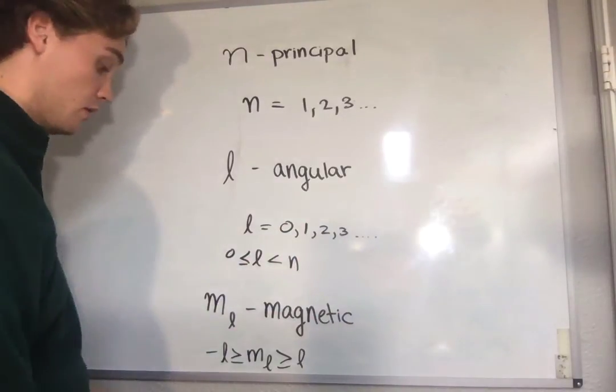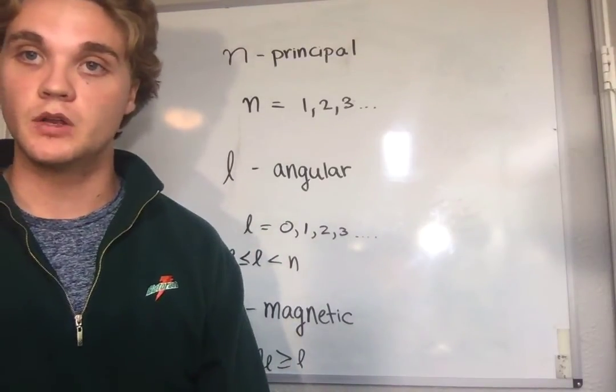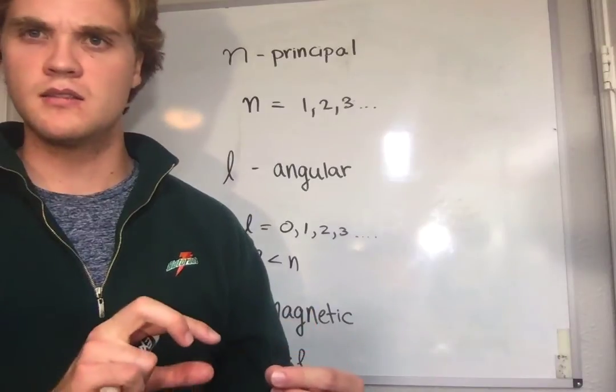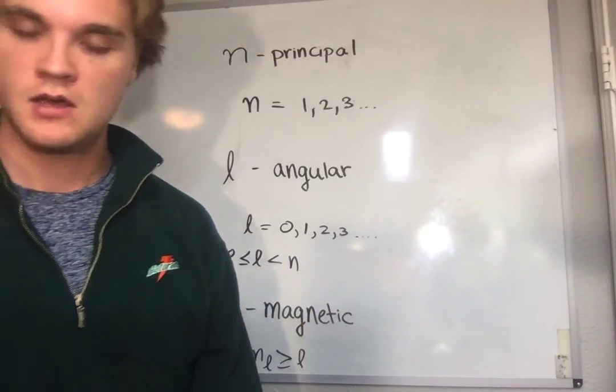There are only so many ways you can flip an orbital without repeating the same orbital. That's why there's a limited number of MLs for a given orbital.